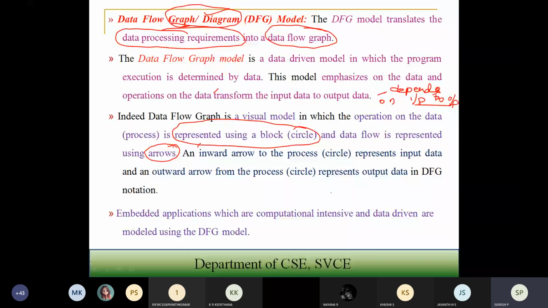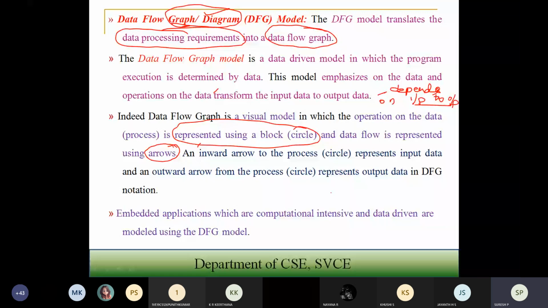After doing the operation, some output is generated, and it is represented by the outward arrow, and that is called output data. That is how it will be represented in your data flow graph notation. Now, when you are building embedded applications which are computationally intensive and data driven, they are modeled using this data flow graph model.